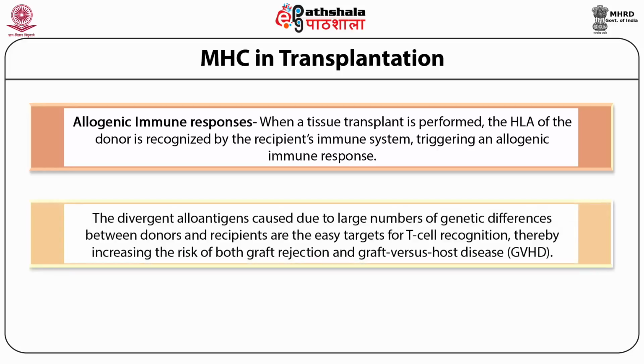The divergent alloantigens, caused by the large number of genetic differences, which we can relate to the highly polymorphic nature of the MHC molecules between donor and recipient, are easy targets for T cell recognition, thereby increasing the risk of both graft rejection as well as graft versus host disease, known as GVHD.